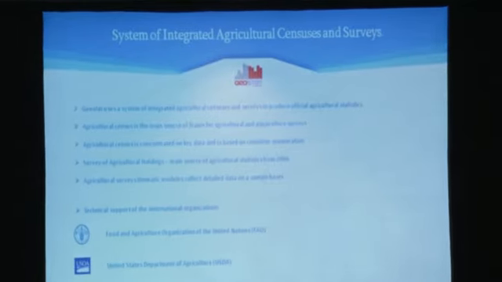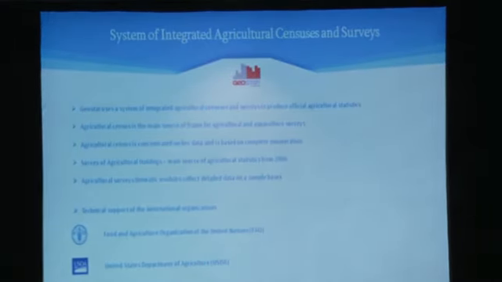Geostat uses a system of integrated agricultural censuses and surveys to produce official agricultural statistics. The agricultural census is the main source of frame for agricultural and aquaculture surveys. The agricultural census concentrates on key data based on complete enumeration.